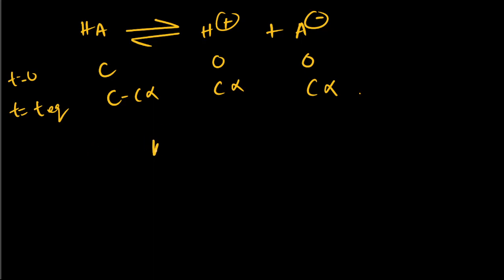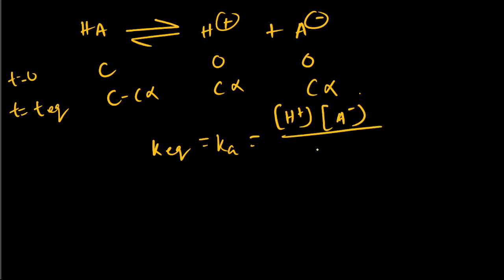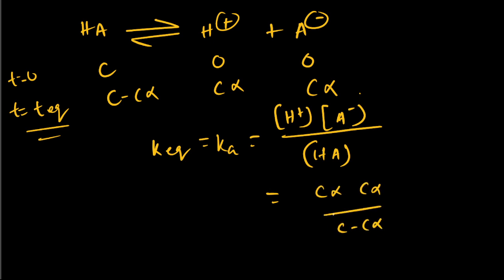Then what is the K equilibrium? For acids, you can say Ka is equal to the concentration of products, that is H plus and A minus, over the concentration of reactant, that is HA. So put the values at equilibrium: C alpha, C alpha, C minus C alpha.